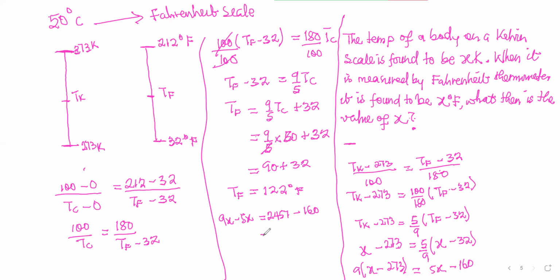And this is giving us 2297, equals 4X. When we divide through by 4, divide 2297 by 4, it must give us 574.25. That will be the value of X. So Daniel, that's the solution. Okay. Yes, sir.